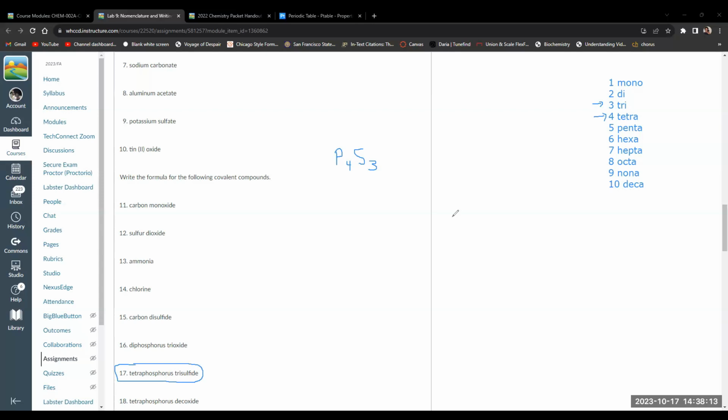Now remember, this is only with covalent bonds. This is not an ionic bond, so no rules from there apply here. These aren't transitional metals, just strictly two nonmetals together.